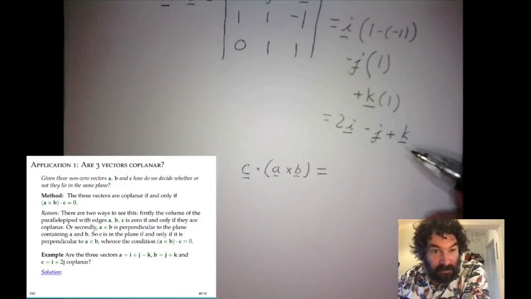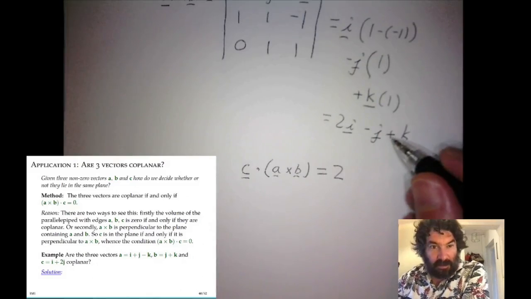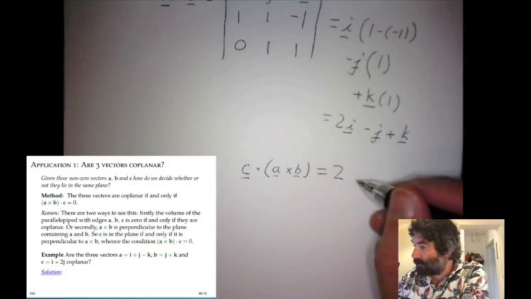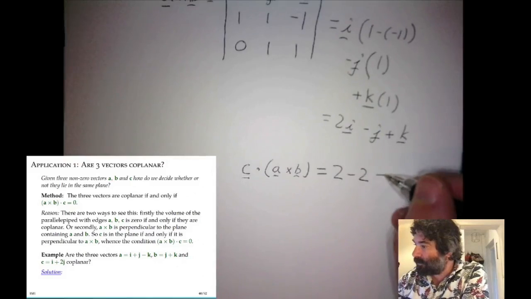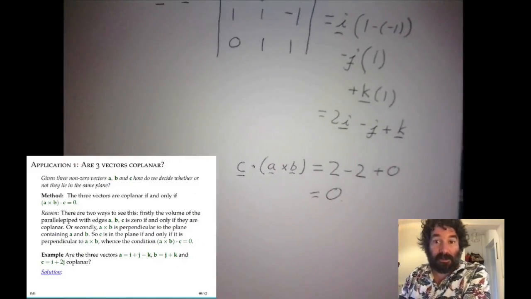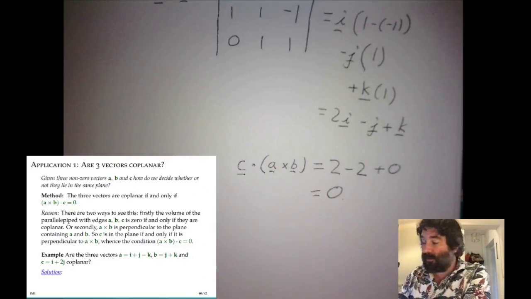The first entry of C is 1, so we have 2 times 1. Second entry of C, the J entry, is 2, so -2. And the third entry of C is 0, so 1 times 0 is 0. And you can see that this dot product is 0. Therefore, the three vectors A, B, and C are coplanar.